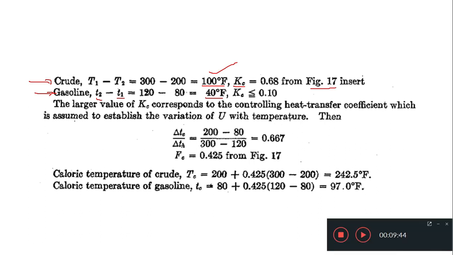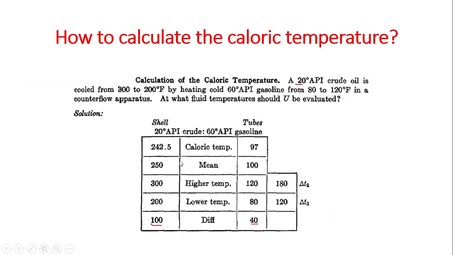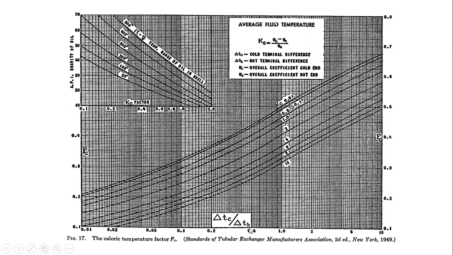So from the value of this temperature ratio, 0.667, and the value of this Kc, you will have to get the value of Fc. How? So on the x-axis, this is the ratio of the temperatures, the higher temperature difference and the lower temperature difference. This is here up to some point 0.668.